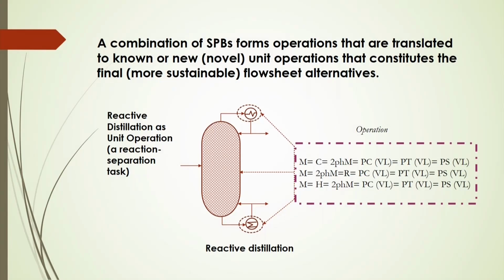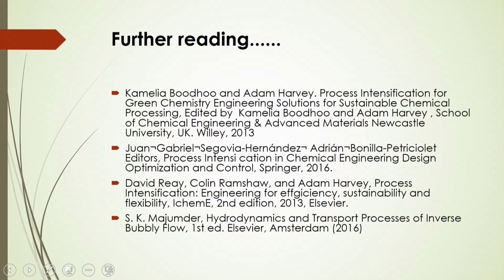So, in this way M to PHM equals R equals PC of VL and PT of VL and PS of VL, and in this way you can form this operational flow sheet for this reactive distillation.